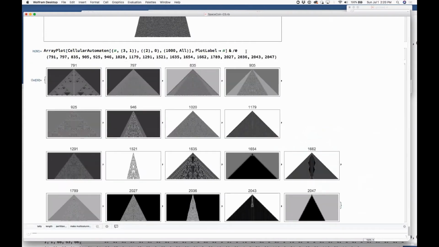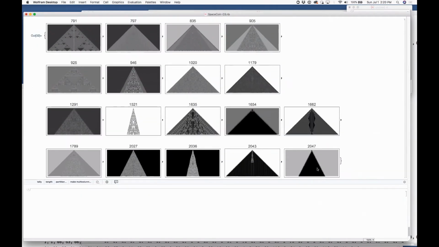All right. Oh, okay. So that first one was a quite attractive but nested pattern. That's another nested pattern. 1662 has a rather lively kind of.